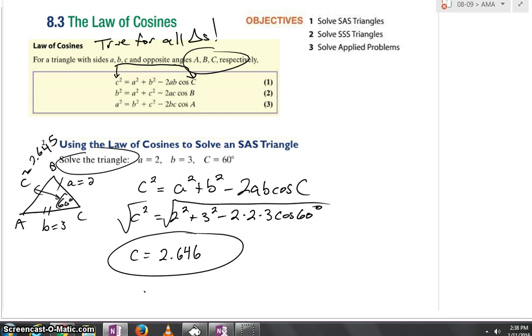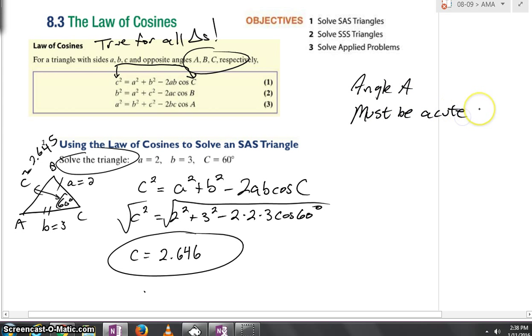If there is an obtuse angle in this triangle, it must be angle B. But that means that angle A must be acute. Angle A must be small. Why? It's not across from the biggest side. And that, my friends, might help you out considerably.